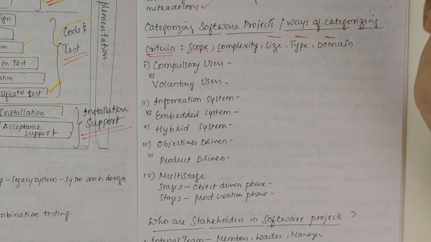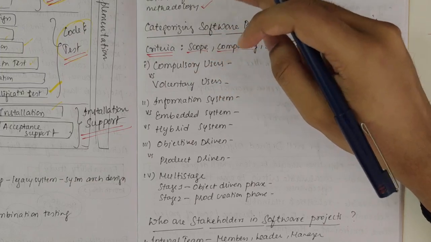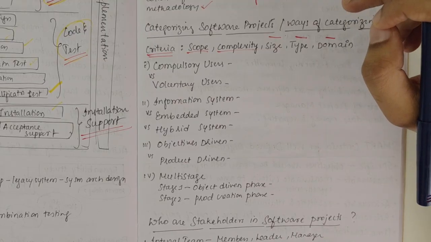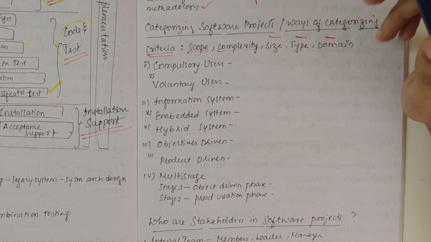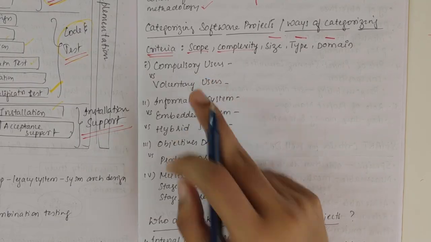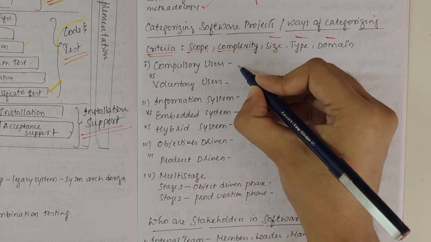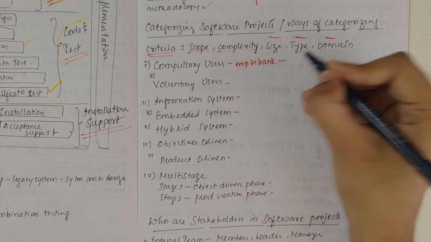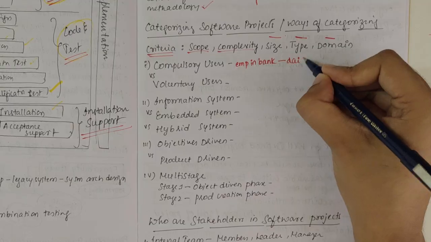So the first way of categorizing is depending on the users. We have compulsory users and voluntary users. By the definition we can understand that compulsory users have to work with the software all the time. For example, an employee in a bank has to use the banking software daily, right?